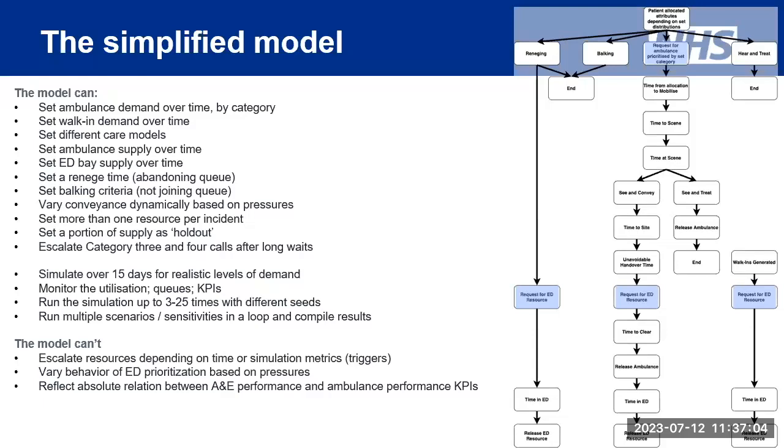Then it branches: it can be see and treat on the right, where you release the ambulance and that ends the job, or see and convey, where you travel to site and request an emergency department resource, and two things happen in parallel. The ambulance clears and is released, and the patient spends time in ED and eventually releases that. And there are some competitive walk-ins here on the right-hand side.